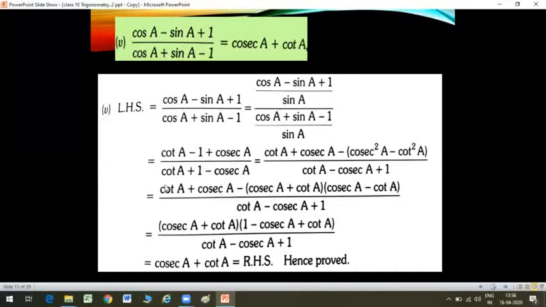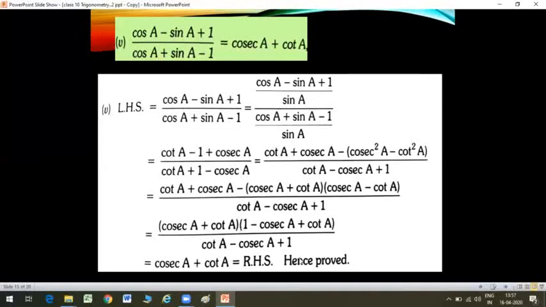After taking the common, in the first term 1 would be left, so 1, then this minus sign, then from the whole second term, after taking cosecant A plus cot A common, cosecant A minus cot A will be left here.